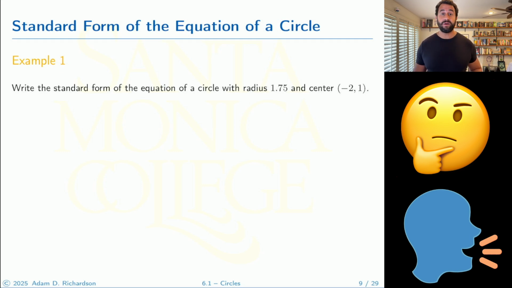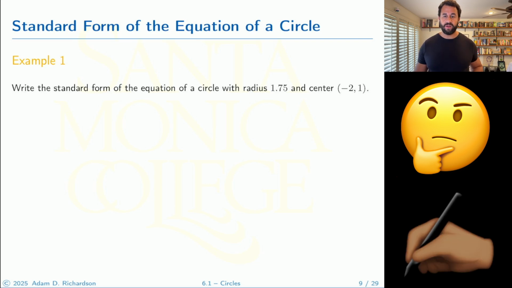Remember, even better if you're doing this with a peer, watching together, talk to each other right now. If not, talk to your dog, to your cat, talk to yourself. It's okay to talk to yourself. Don't feel weird. Just give your brain that feedback so it can make sense of things. All right, and now work it out on your own. You're just writing out the standard equation of the circle with this radius and that center. And we'll do it together in a second.